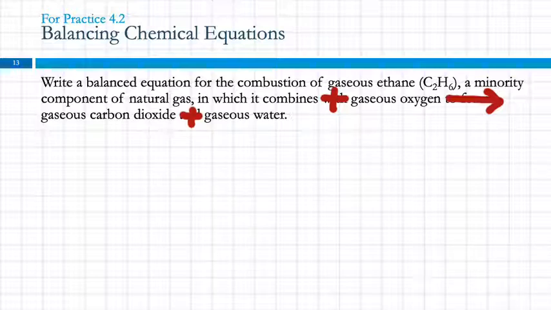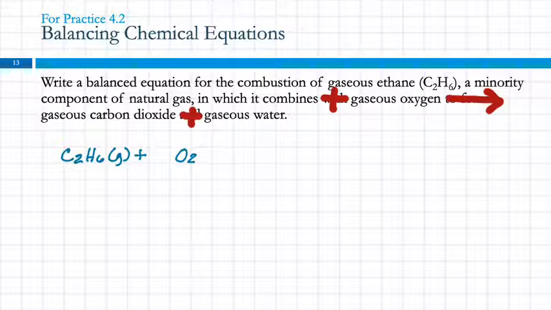So our first reactant there, gaseous ethane, they gave us the formula, C2H6, and they tell us it's a gas, so I'm going to put G. And what is that combining with? Gaseous oxygen. So what's the formula for that? O2, because oxygen is one of the diatomic elements.